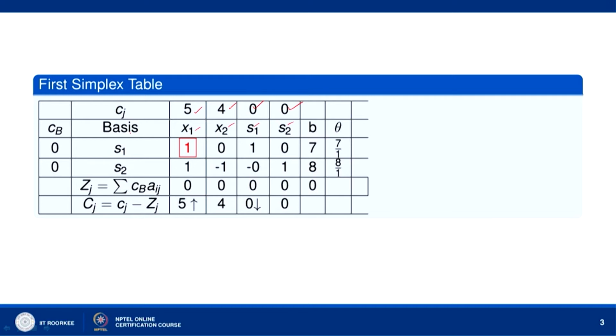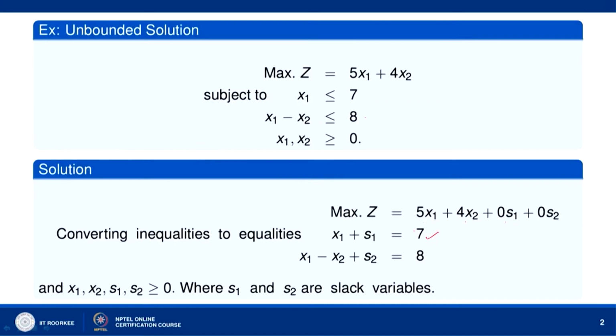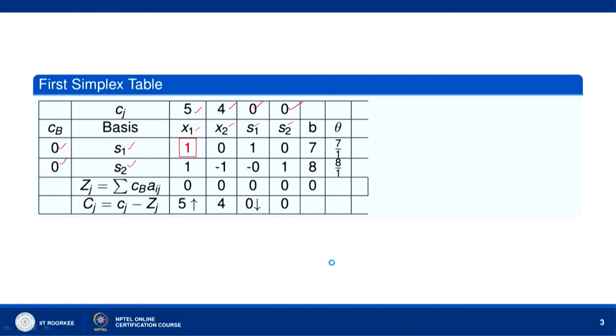The basic variables are s 1 s 2, their coefficients in the objective function are 0 0, and the body matrix is 1 0, because the coefficient of x 1 is 1, coefficient of x 2 is 0. And then 1 minus 1, the coefficient of x 1 is 1 here, coefficient of x 2 is minus 1. So, the body matrix is 1 0, 1 minus 1, and the other matrix is the unit matrix. So, 1 0, 0 1.